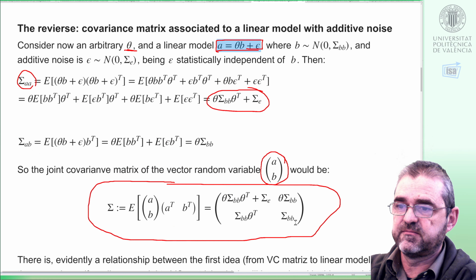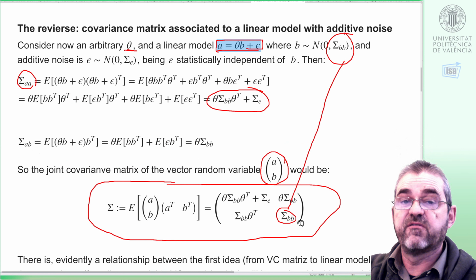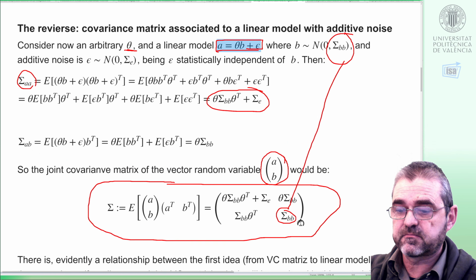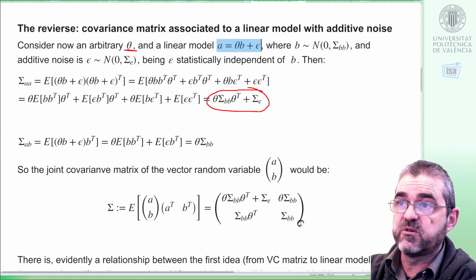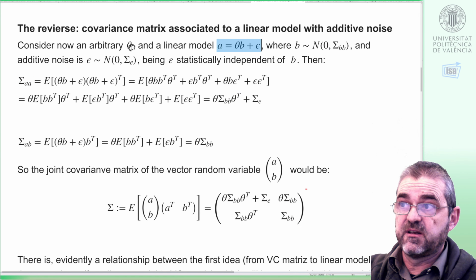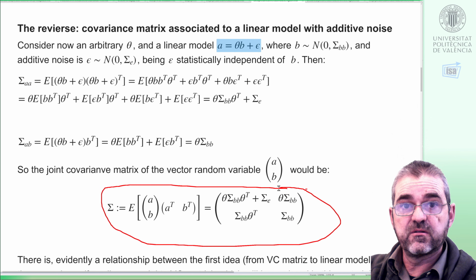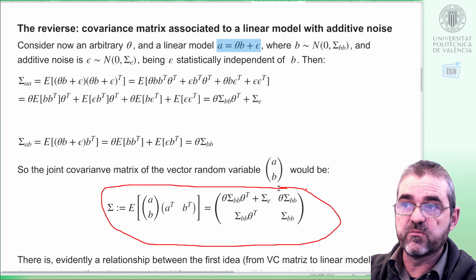And last, in here we'll have the variance of the input B to the model. So we found a way. Given a model with a known theta and known variances of B and epsilon, we can build the joint covariance matrix between the model input and the model output.